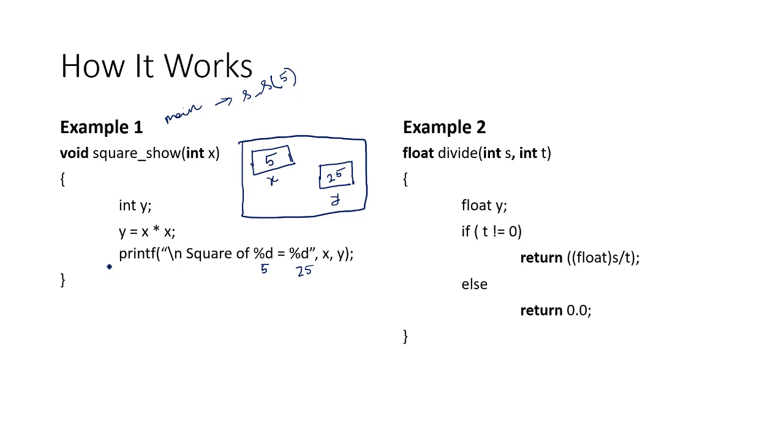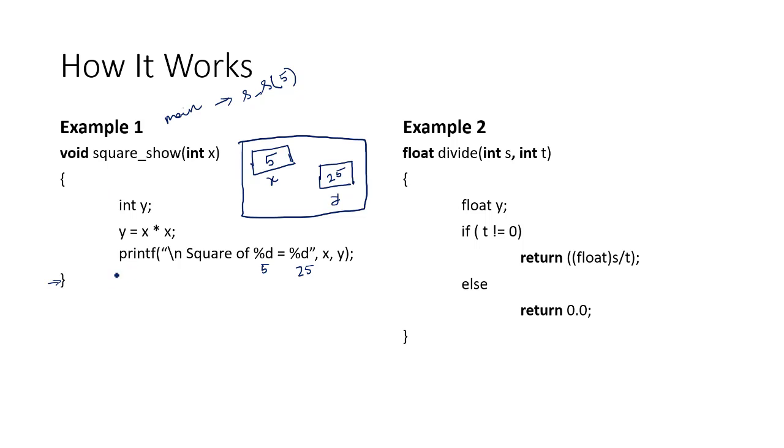Now, as the function is not returning anything, there is no return statement, so how will the function go back to the calling function? When there is no return statement, it will come to the ending curly brace of the function body.